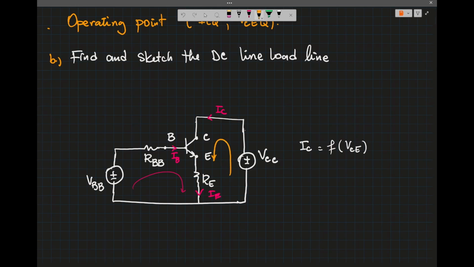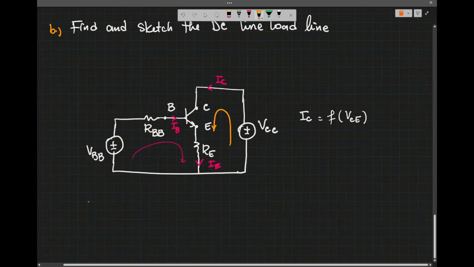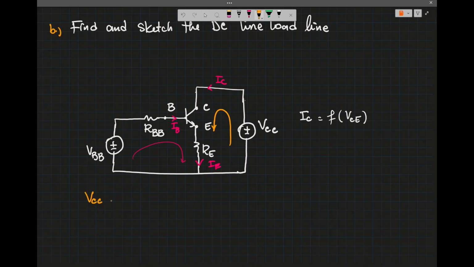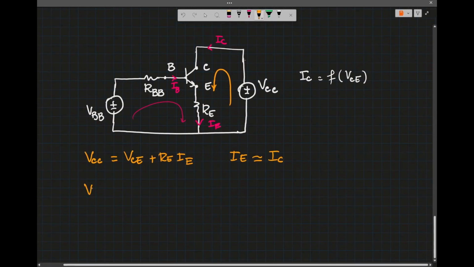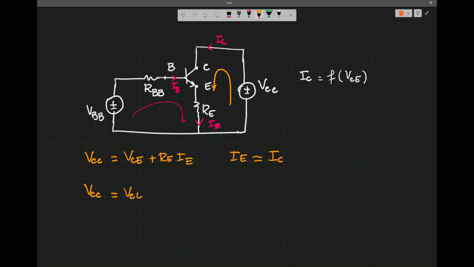So I have VCC equal to VCE plus RE IE, where IE is equal to IC. So we have VCC equal to VCE plus RE IC.